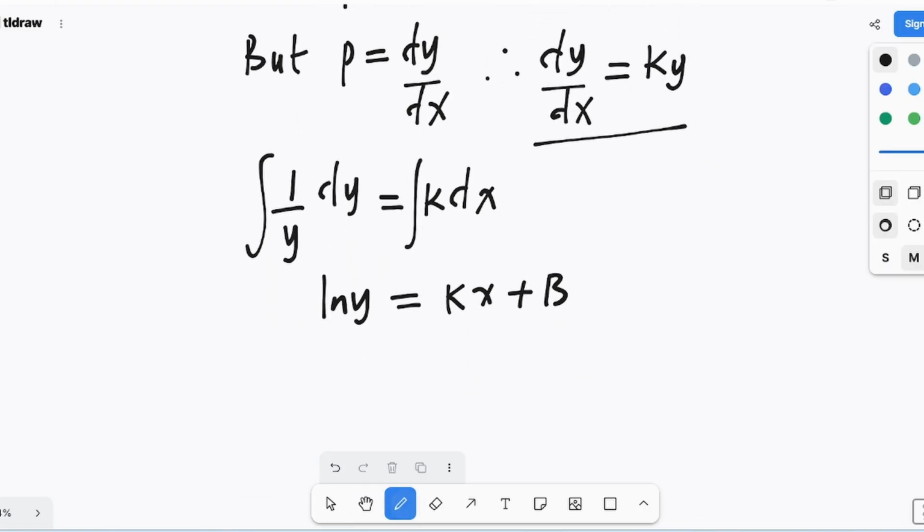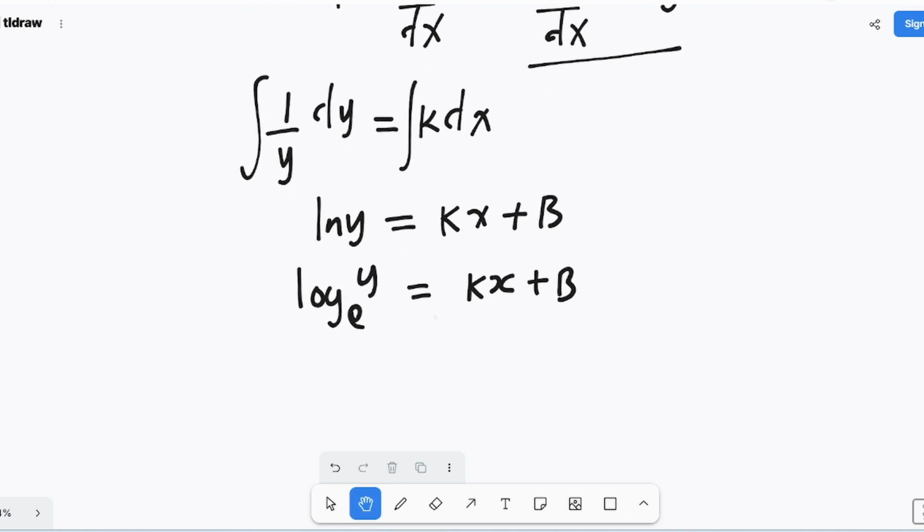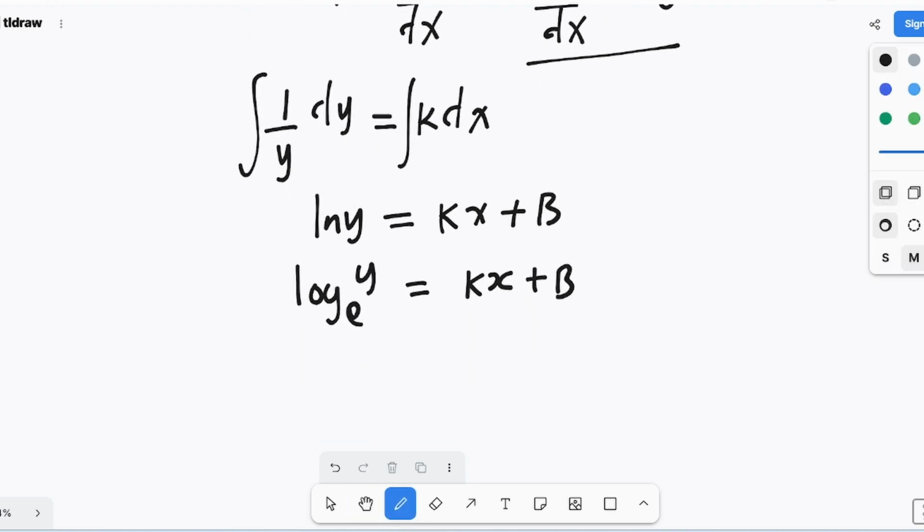Obeying the laws of logarithm, we can write it as log base e of y is equal to kx plus b. Now you can write it in index form: y is equal to the exponential of kx plus b.